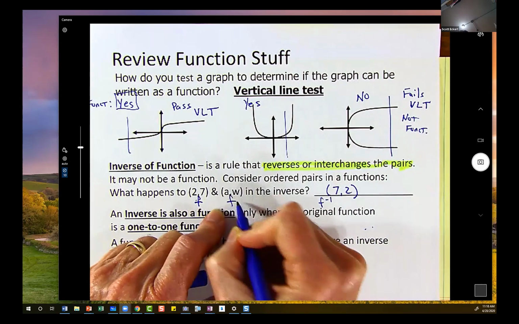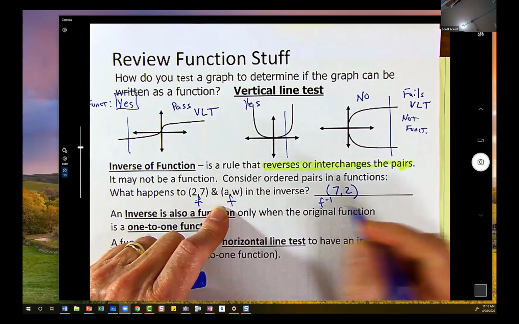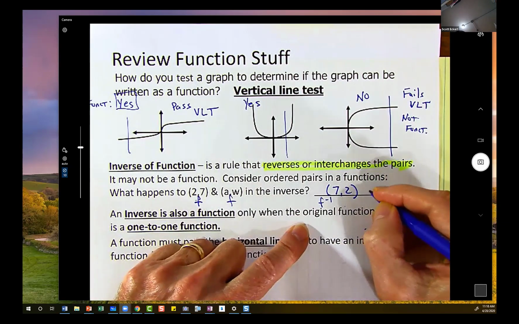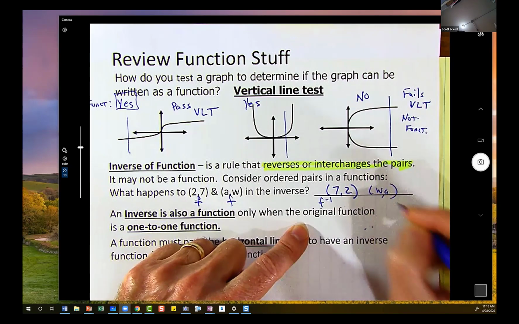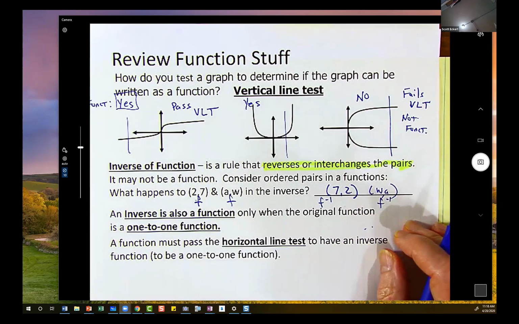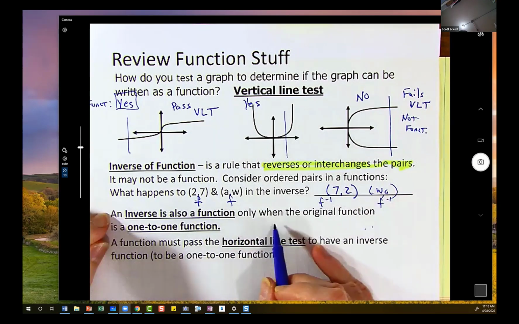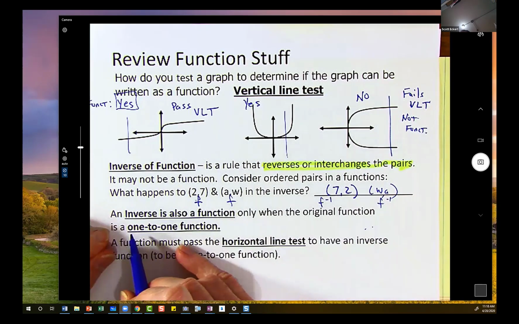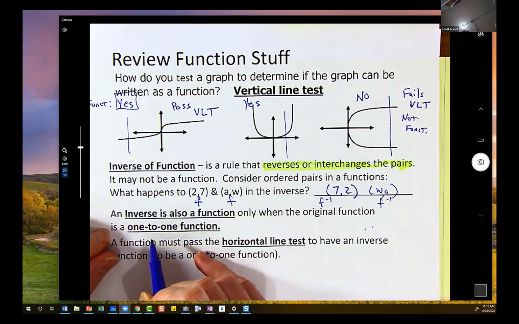If AW is a pair for F, then WA will be the pair for F inverse. Now, an inverse is also a function only when the original function is 1 to 1.